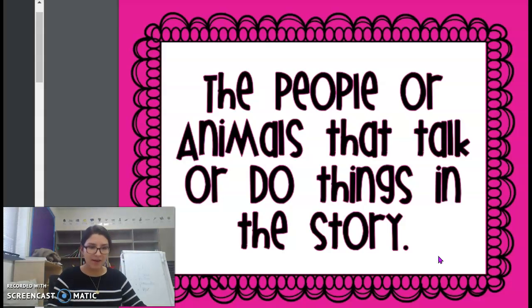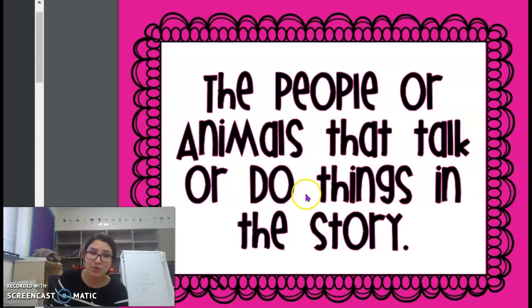Okay, so we have the little old woman, we have the gingerbread man, we have the little old man, the pig, the cow, so we already have 5 characters, the horse, and then our last character we have is which one? It's the fox. So those are the different characters we have in the story.